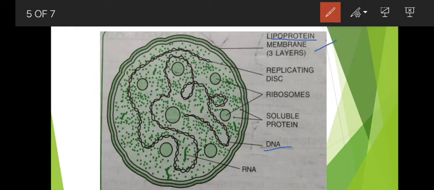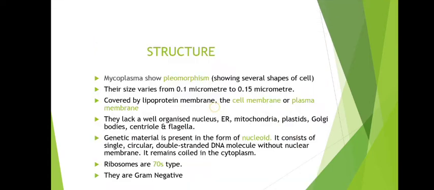The RNAs are scattered inside the cytoplasm, and this point is called the replicating disc. That is, from here the DNA starts replicating during the cell division of mycoplasma, and there are certain soluble proteins in the cytoplasm of mycoplasma.